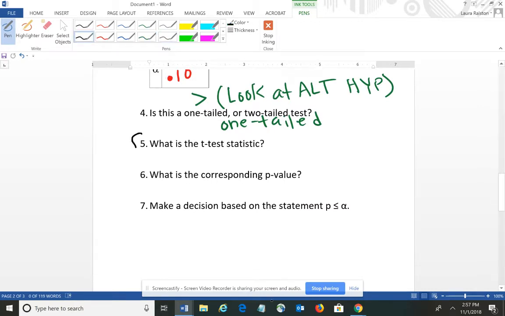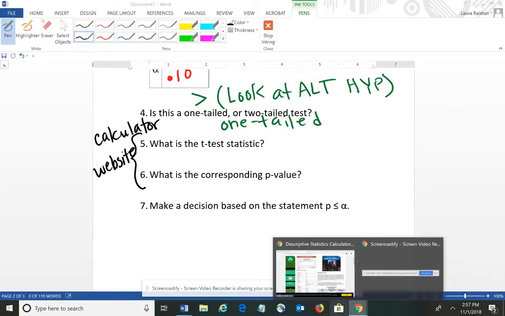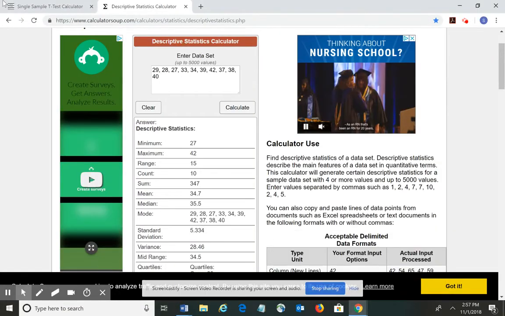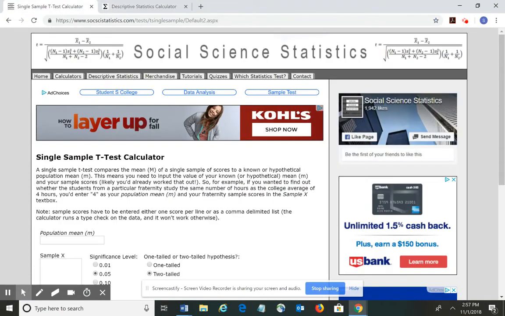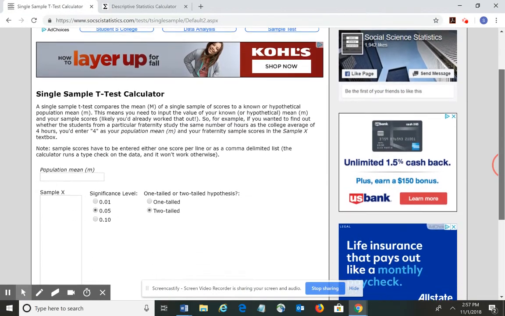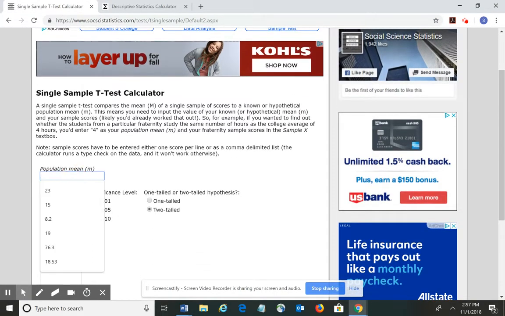And again, for these two questions, we're going to use either the calculator or the website. The website's fairly easy to use, so I'm going to go out to the website. For the t-test calculator, we put in the population mean, which is 31. Our level of significance was 0.10, and it was a one-tailed test.